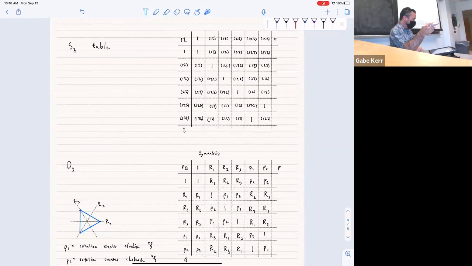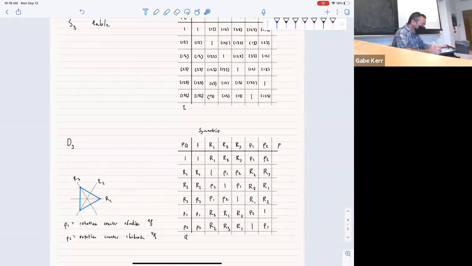Is D3 commutative? D3 is not commutative. Let's just see why. If you trust my multiplication table, which you shouldn't, because I was still drinking my first cup of coffee when I made it, let's take R1 times R2.